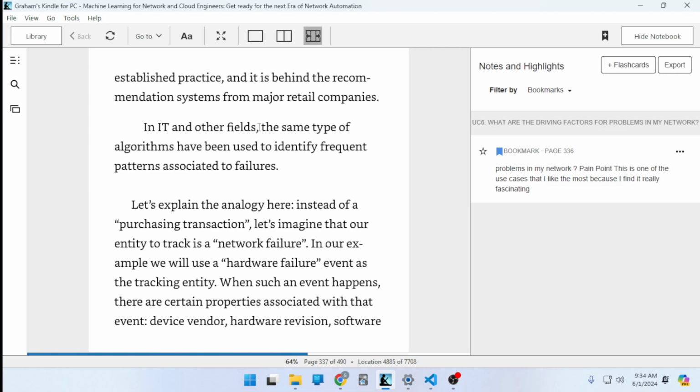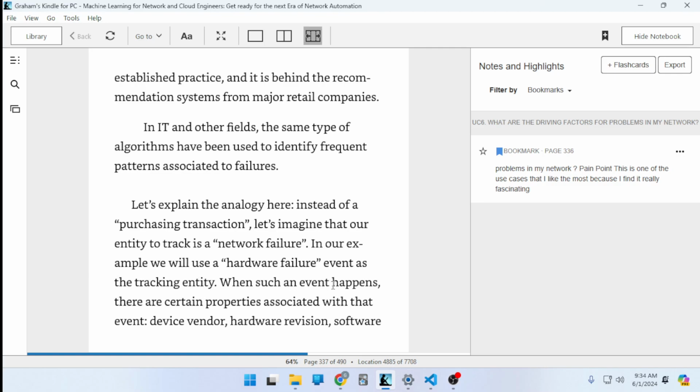In IT and other fields, the same type of algorithms have been used to identify frequent patterns associated to failures. Let's explain the analogy here. Instead of a purchasing transaction, let's imagine that our entity to track is a network failure. In our example, we will use a hardware failure event as the tracking entity.